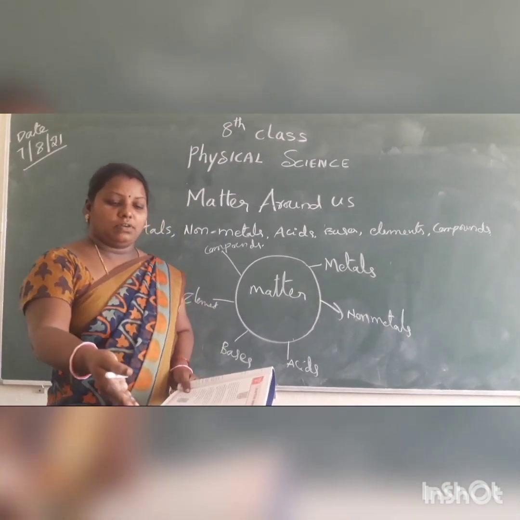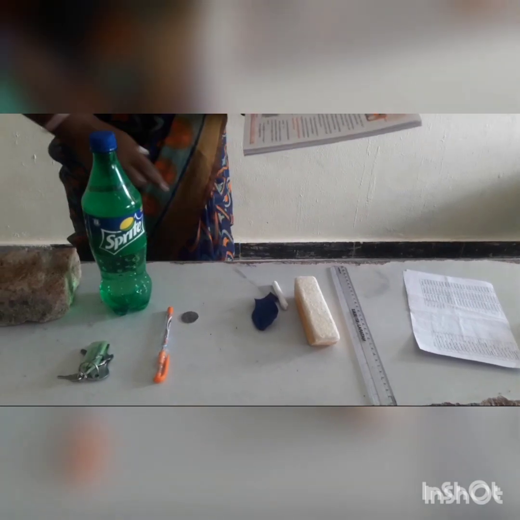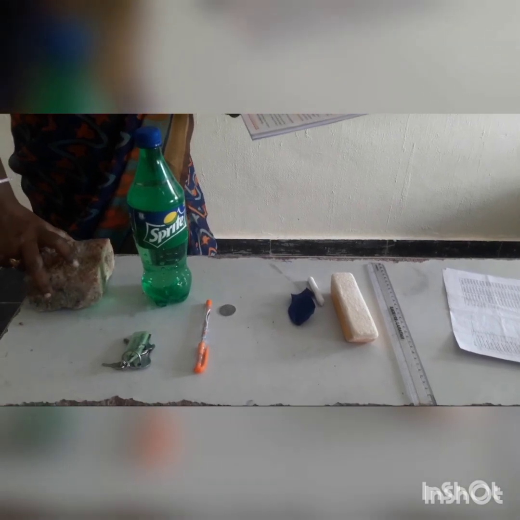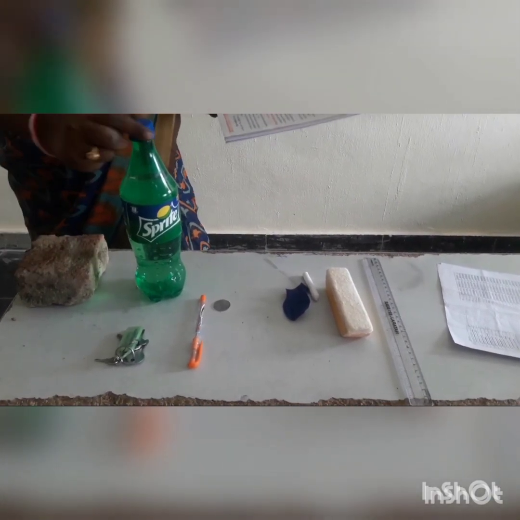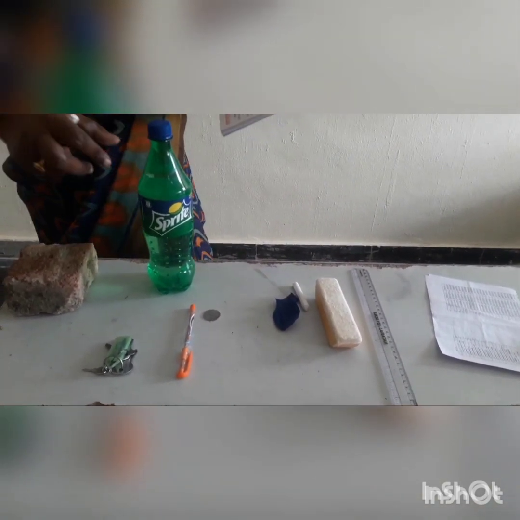Look at the table once. All these things are observed here. These things occupy some space. Look here. Brick pieces occupy this space. The water bottle occupies this space. Yes, all these things on this table occupy some particular space.